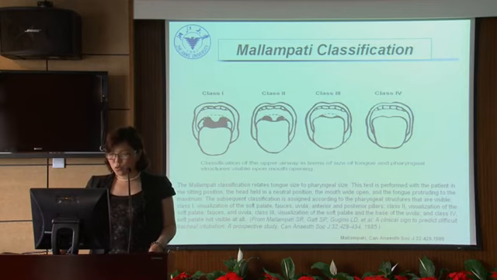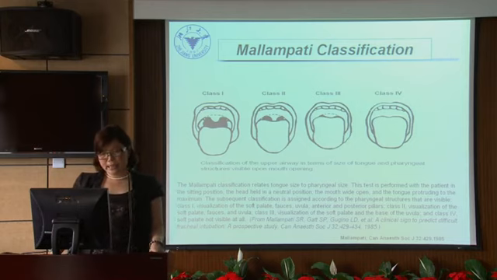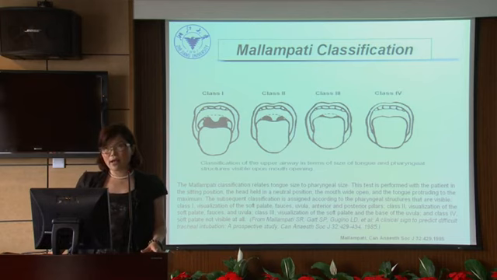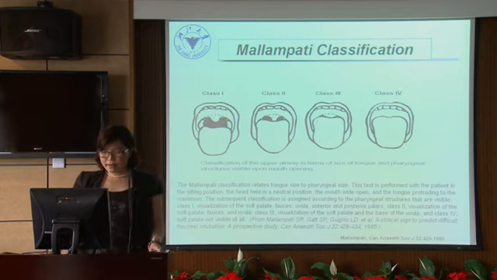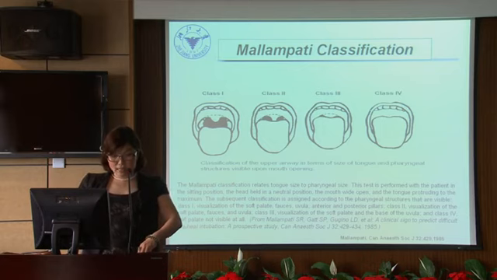And class 2, we cannot see the anterior and posterior pillars. We can just see the soft palate, fauces, and the uvula. And class 3, we can see the soft palate and the base of the uvula. And class 4, we cannot see the soft palate.